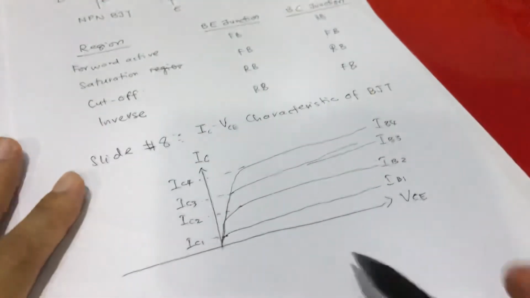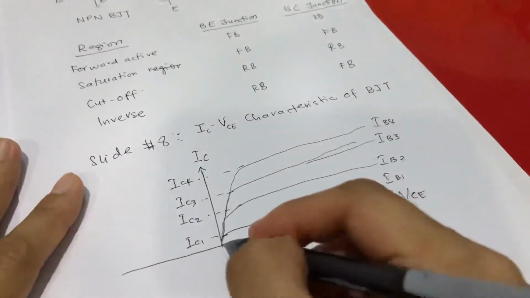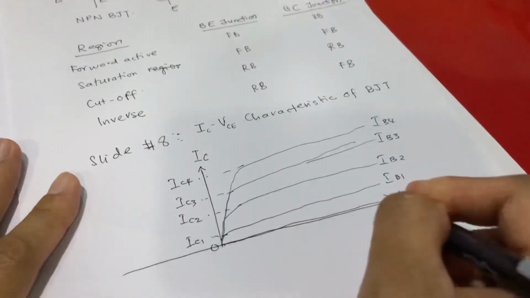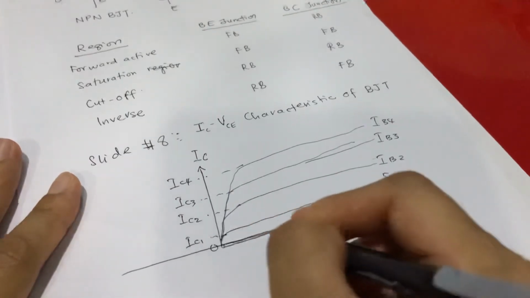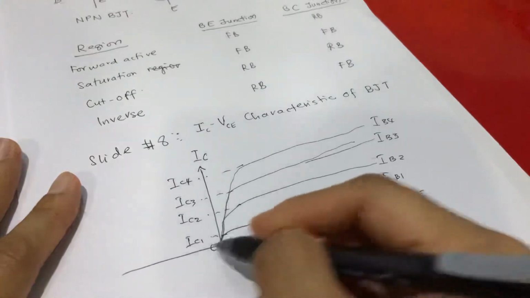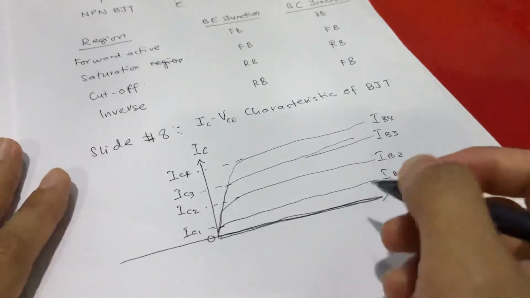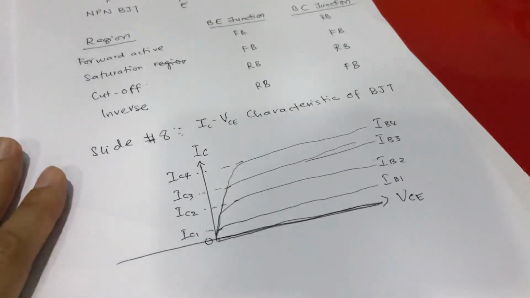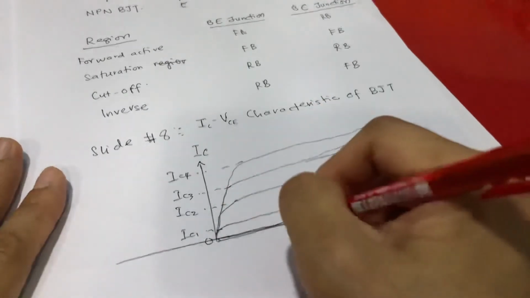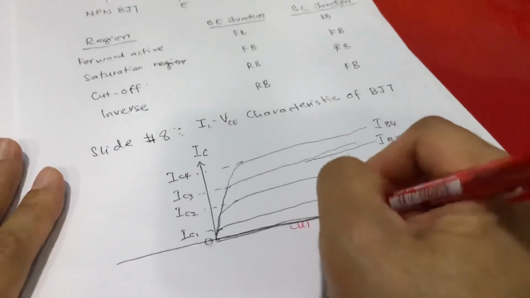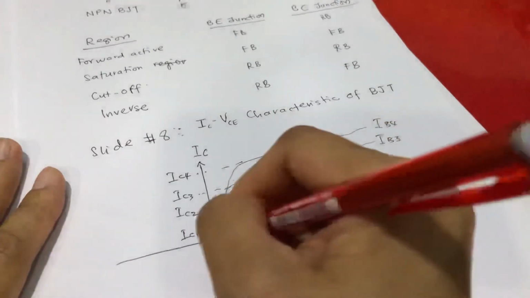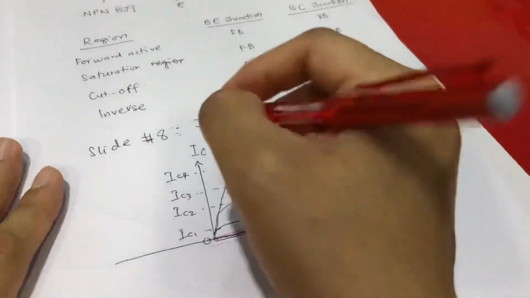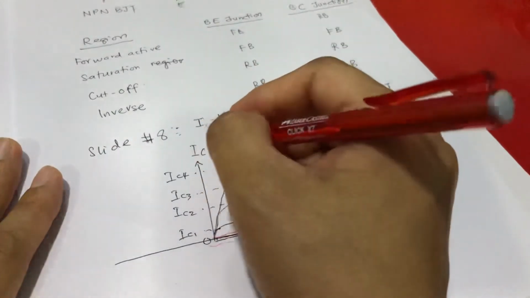When our base current is 0, the collector current is also 0. When we change the VCE, the IC is still 0. Where is the cutoff region? This is the cutoff region, and this is the saturation region.